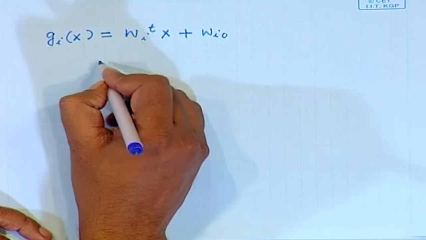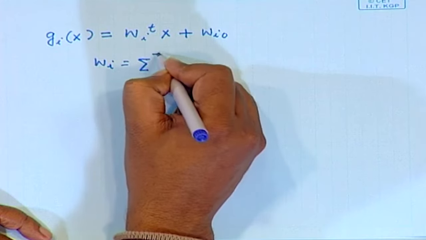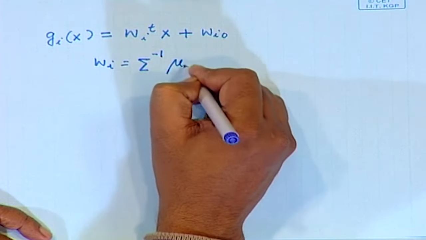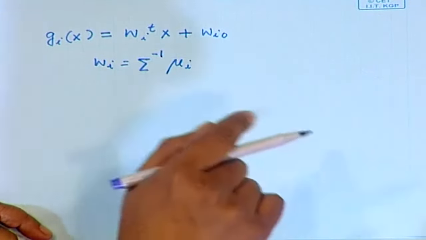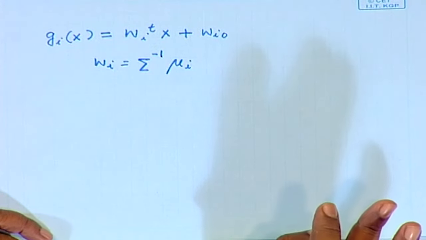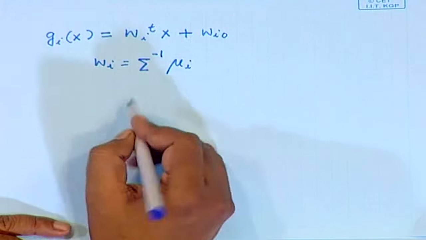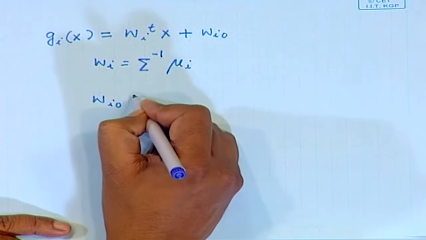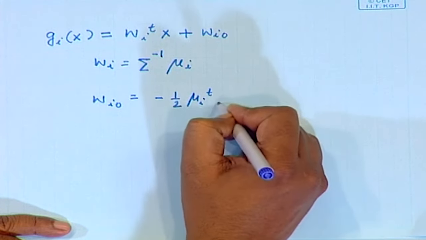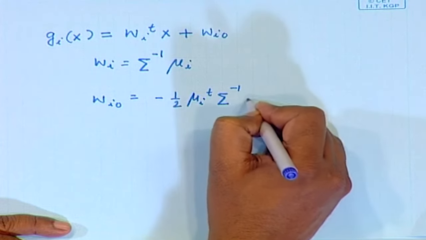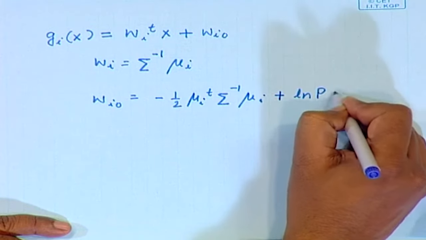Now, this w_i will be of the form sigma inverse into mu_i. Earlier this sigma inverse was replaced by 1 upon sigma square in the first case. And w_i0 is simply minus half mu_i transpose sigma inverse mu_i plus log of P(omega_i).